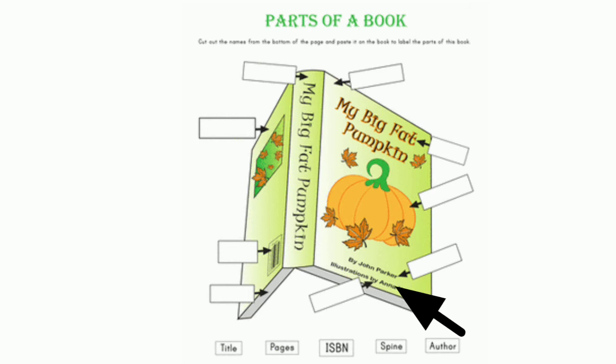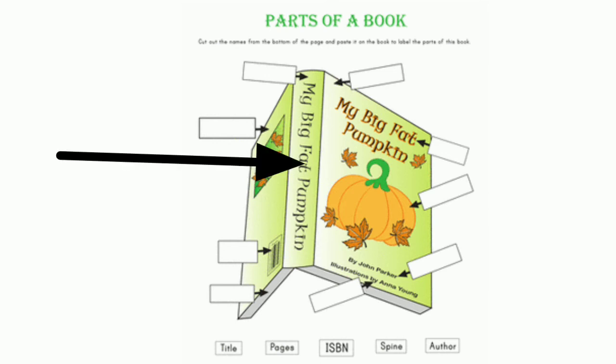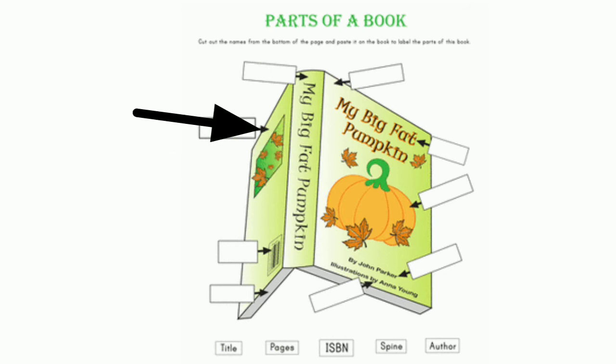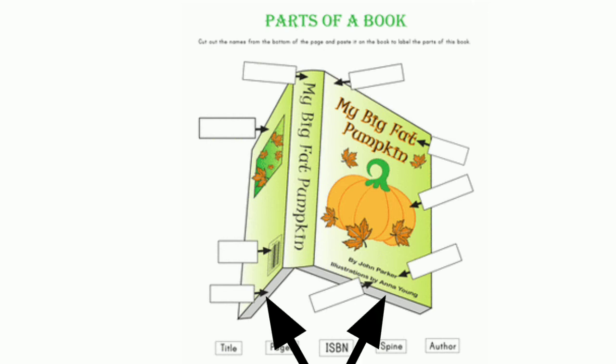This one is the illustrator. And this part is the spine. It holds the book tightly. This part is the back cover of the book. The inside part of the book, we call it the pages or the text. You can do it now.